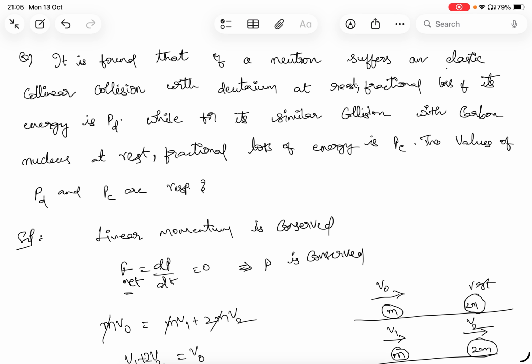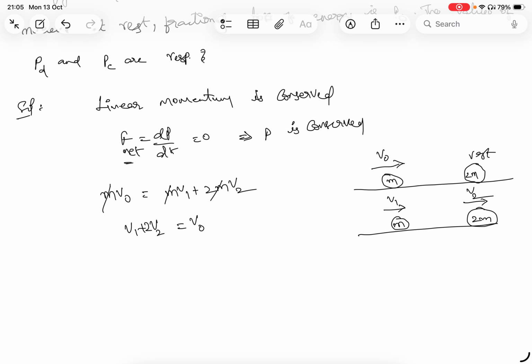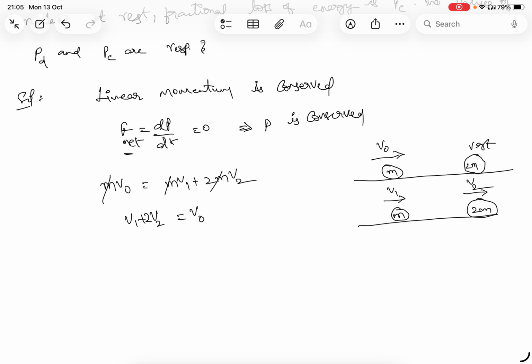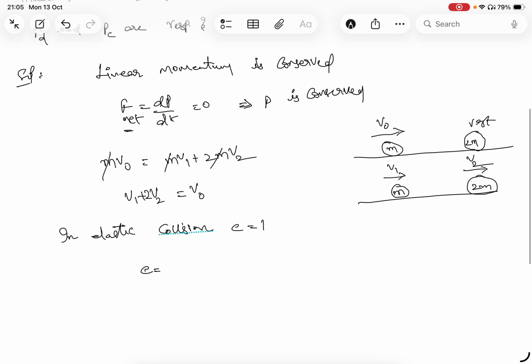As you can observe in the question, the collision is elastic. So in elastic collision, e, the coefficient of restitution, is 1. e is v2 minus v1 by u1 minus u2.